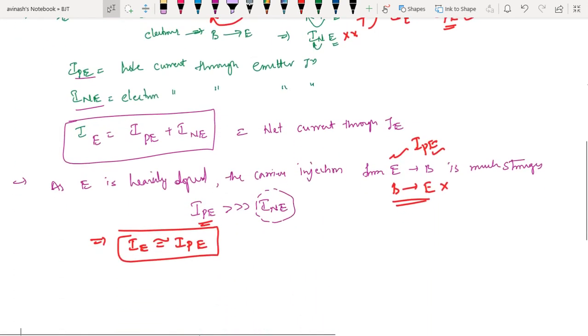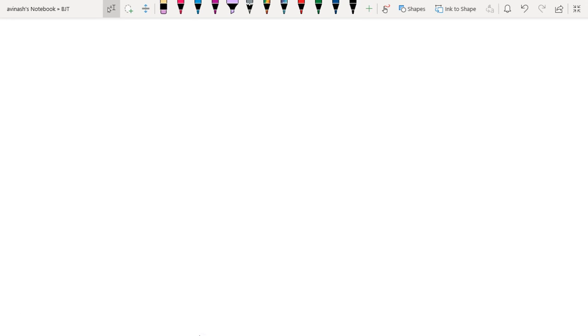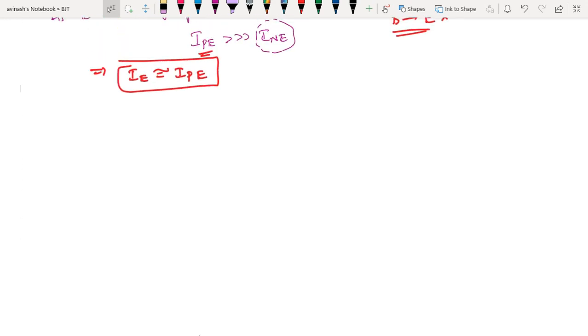So let us find the emitter injection efficiency. This is denoted by gamma.